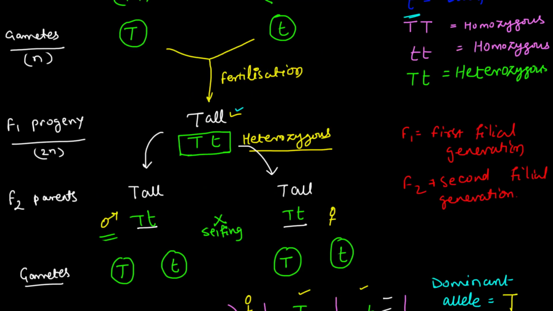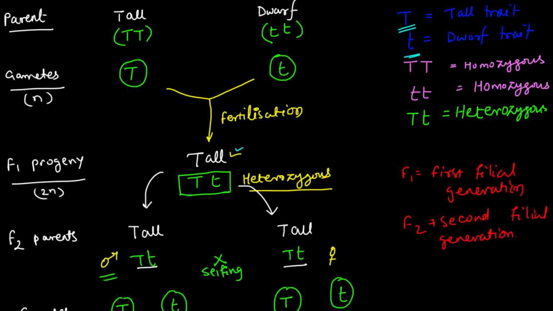If I go back here, now we can understand that capital T T is homozygous dominant, and small t t is homozygous recessive, and then we are going to have the heterozygous condition. These three allelic compositions are referred to as the genotype.